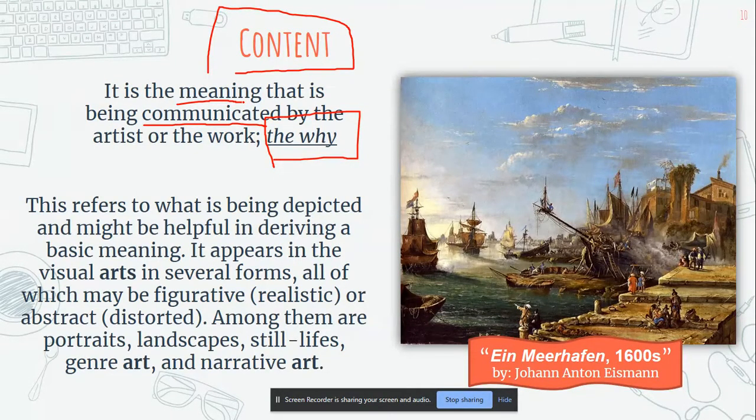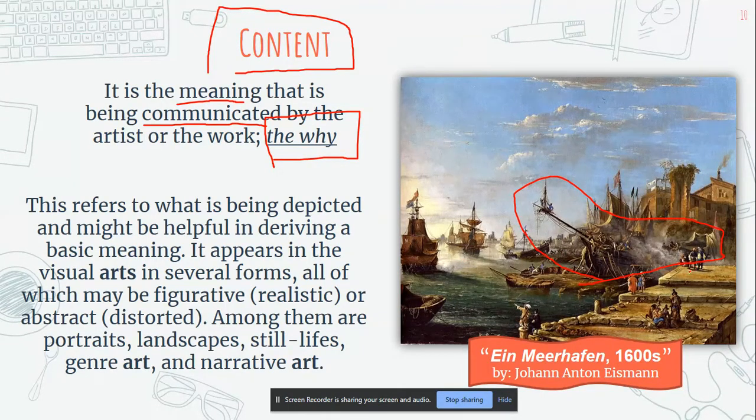Okay, let's try to analyze it. So, visual focus first. You could see some chaos there, like something wrong is happening.